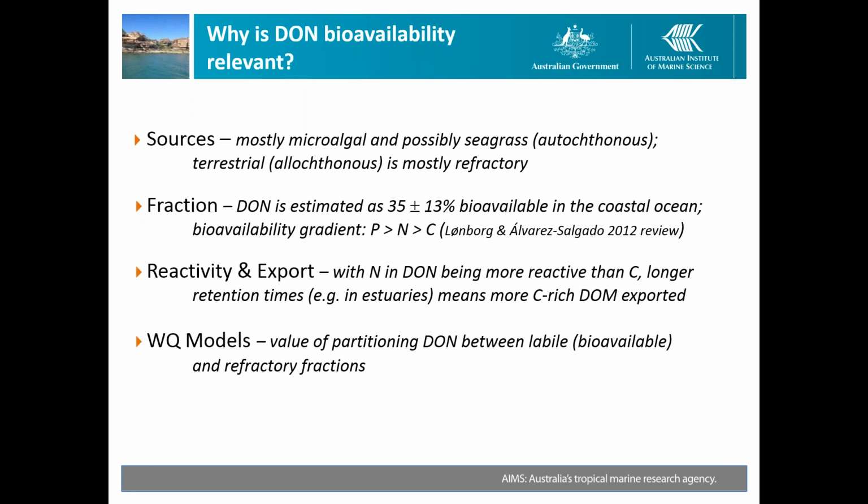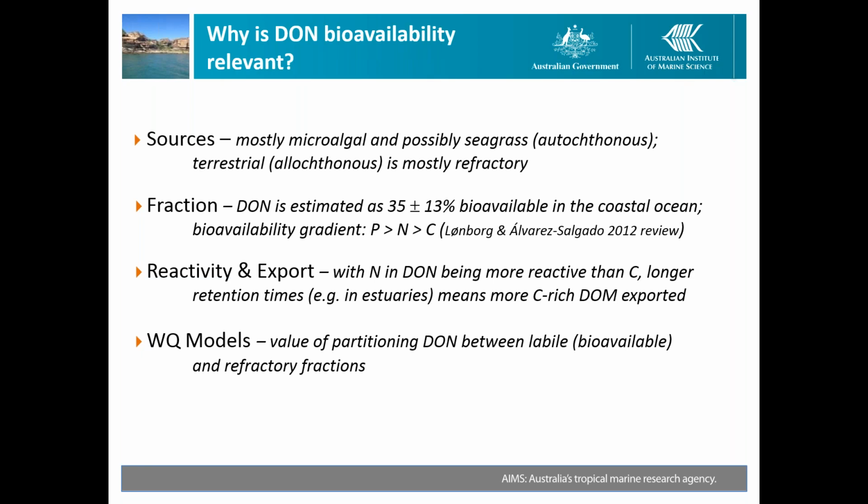Turning to allochthonous material, and particularly that from the terrestrial side, most of it is refractory, and I've just given the example of humic substances. In the coastal ocean, about 1/3 of dissolved organic nitrogen is estimated to be bioavailable.